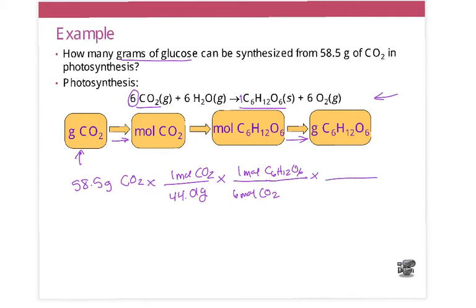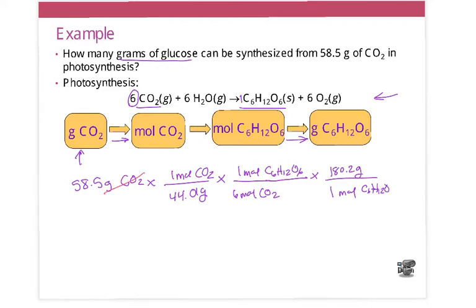Now we are not finished yet, because if we stop here, we're just giving our answer in moles. We want to do one more step because we want our answer in grams. So we use the molar mass of our glucose, which is B in the flow chart that I showed you before. So 1 mole of glucose will have 180.2 grams. And this, of course, is its formula mass for glucose that we calculated.